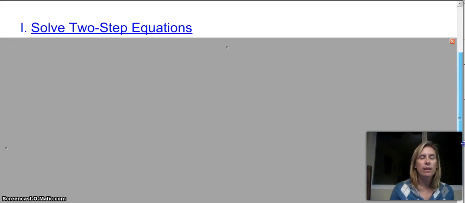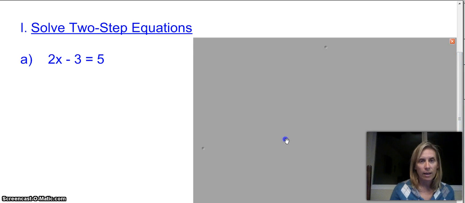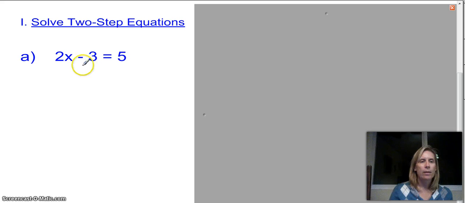Let's try solving a couple of other two-step equations. Pause the video, give it a try, see what you can do. Okay, good. Hopefully you added 3 to both sides of the equation. Remember to always perform the same operation to both sides of the equation to maintain equality, right?